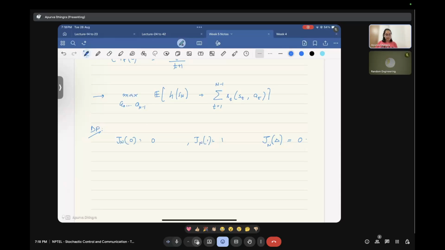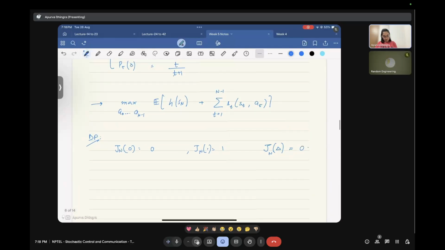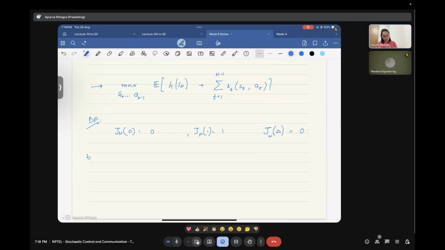Okay, next step we would be using the DP type algorithm, and we'll look at the remaining ones. So we'd be interested in looking at, for any t less than n, this particular quantity, Jt of whatever states are possible. So now I'm going to call the states st rather.